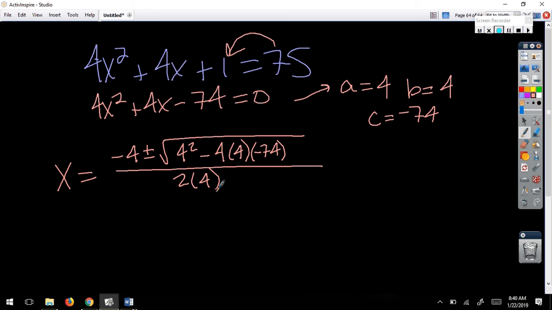So the part where most students mess up here is the order that you simplify this. Work under the radical first, because radicals group things together just like parentheses do.